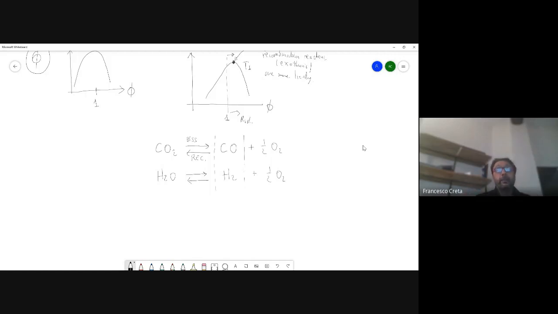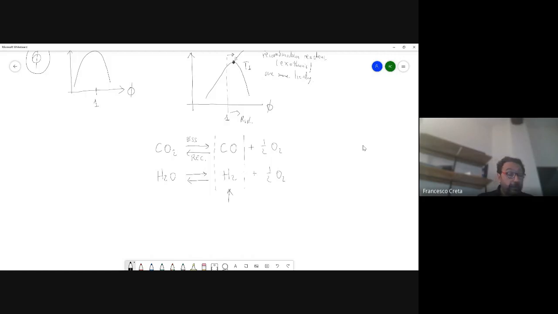So again, let me repeat this. When you are with rich mixtures, with an excess of fuel, then you are more likely to have these reactions occurring, so they will be more shifted towards the recombination side. Why is this? Well, look at these molecules.